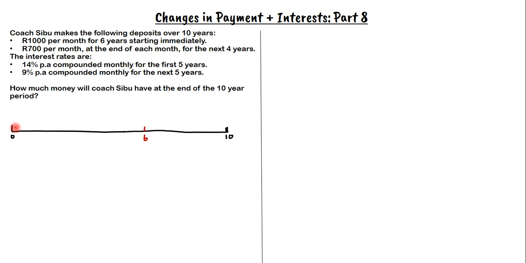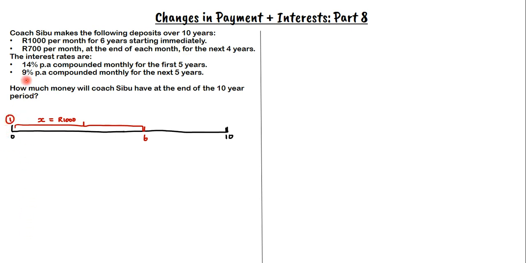From year 0 there was one payment made, and then we continued with more 1,000 Rand payments up until year 6. So X payments, they are 1,000 Rand. This also includes the immediate payment, because that is also the 1,000 Rand.